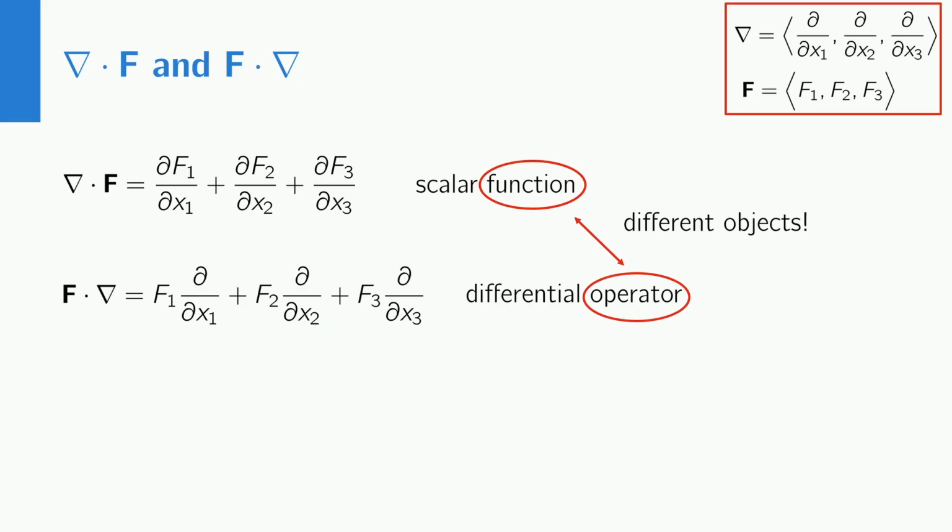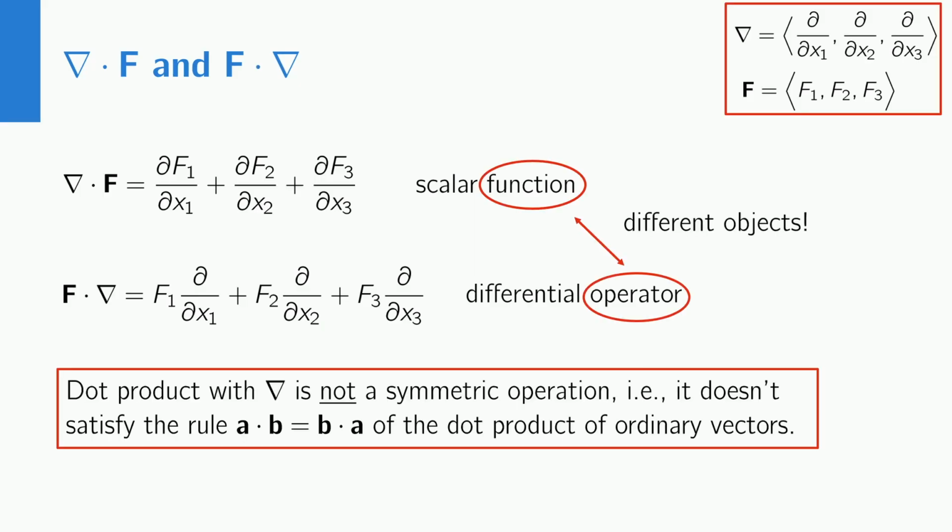Hence, the two products are different objects. So, a dot product involving the del operator is not a symmetric operation. That is, it doesn't satisfy the rule a dot b is equal to b dot a that we are used to for ordinary vectors.